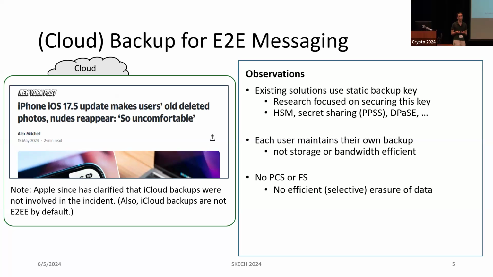Well, it turned out the answer was no, that was some other bug. But this is to highlight that if you're using a static key, you don't have any forward secrecy. Then if you want to erase old data, maybe some embarrassing message somebody sent you, then you are at the whim of the cloud provider to actually delete that data.